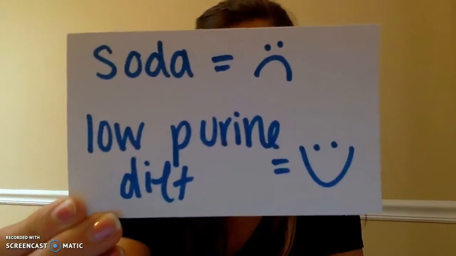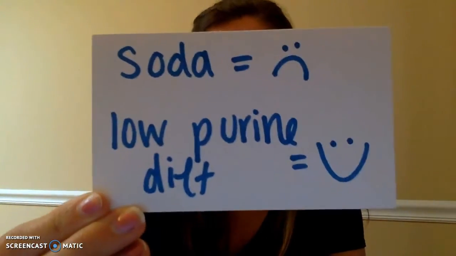So here we have soda, bad. The best thing that this patient could do would be eating a low purine diet. So this would include things such as bread, pasta, cheese, yogurt, vegetables, fruits, nothing high in purines such as soda and fructose in this example, or red meats usually, or seafood. Those things are all things that he should be staying away from.